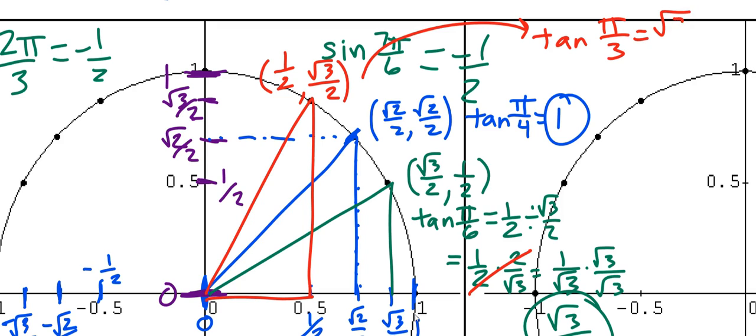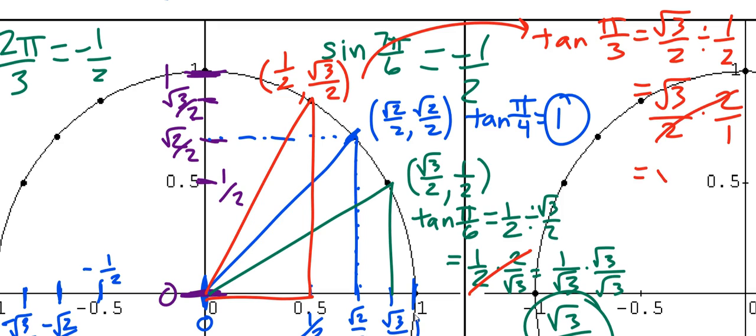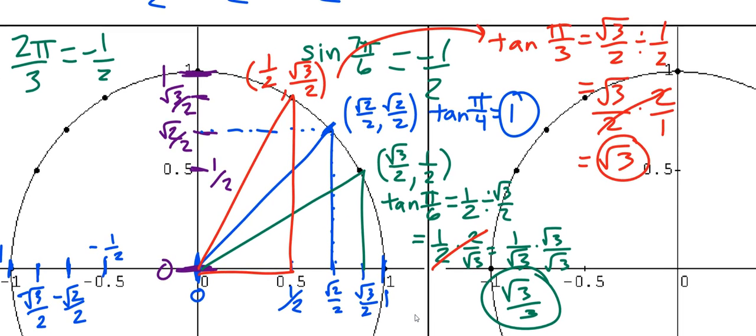So y value divided by x value. Hey, do you think this is going to be more than 1 or less than 1? It's going to be more than 1, isn't it? Okay, so using our division is the same as multiplying by the reciprocal, what do we end up with? The square root of 3. Those are your 3 popular slopes on the circle.